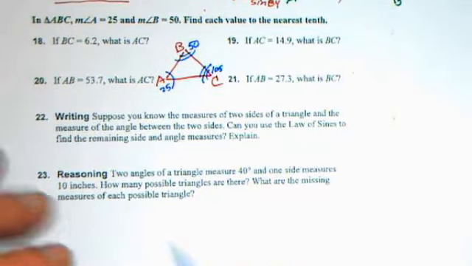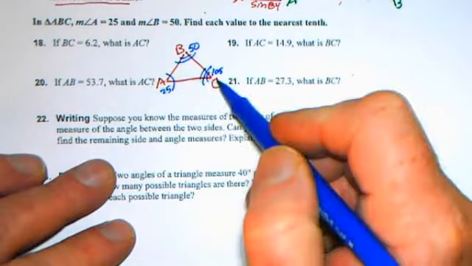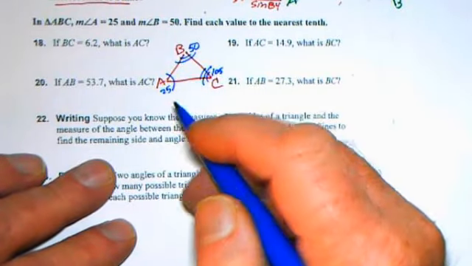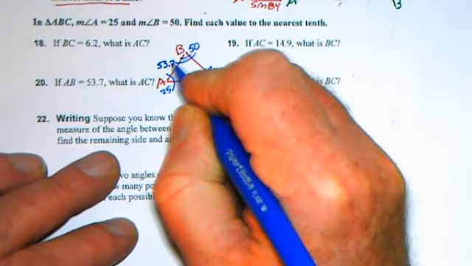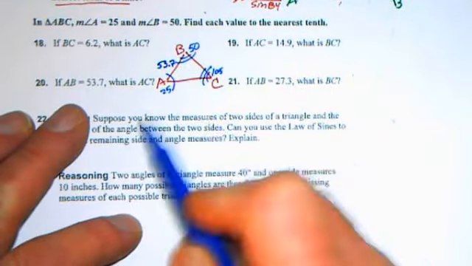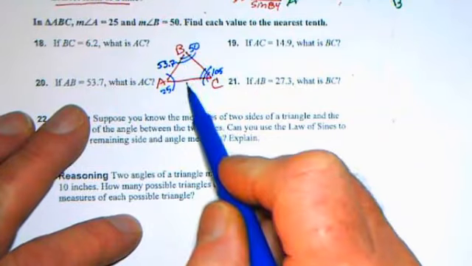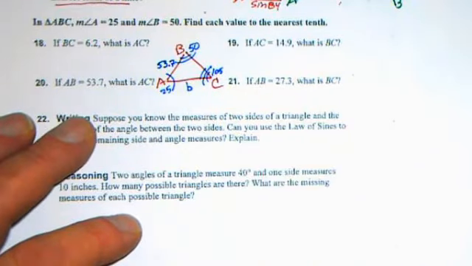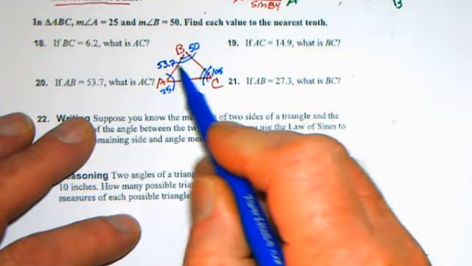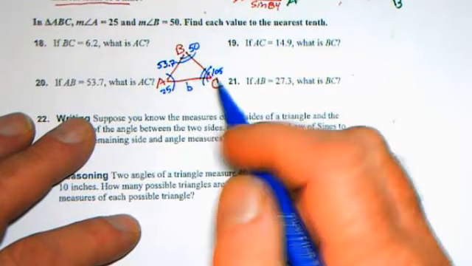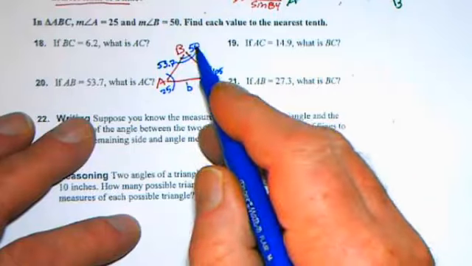Now they're telling us that AB, which is actually the little c side, is 53.7. And they want us to find AC, which is actually the little b side here. So we've got an angle and its opposite side, the 105 with the 53.7, and we need to find b, which is opposite the 50.